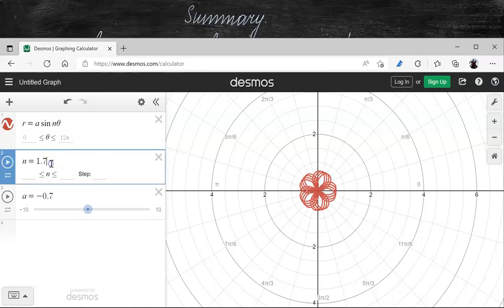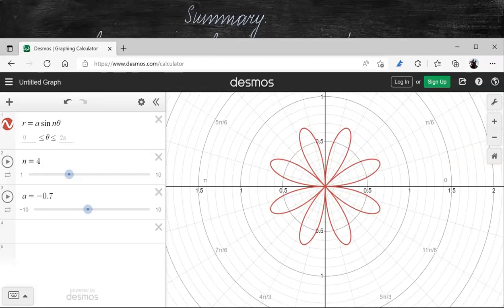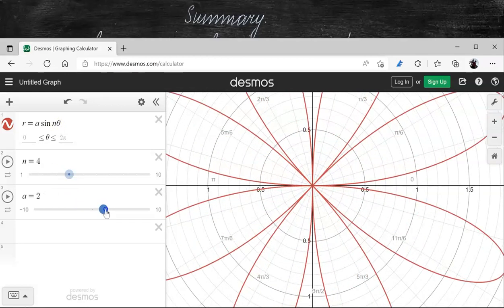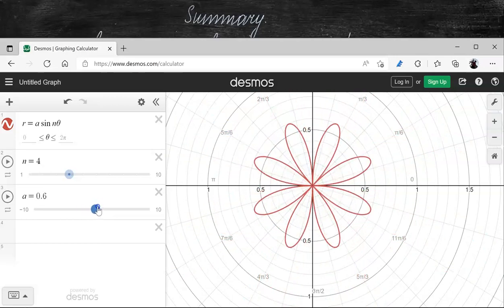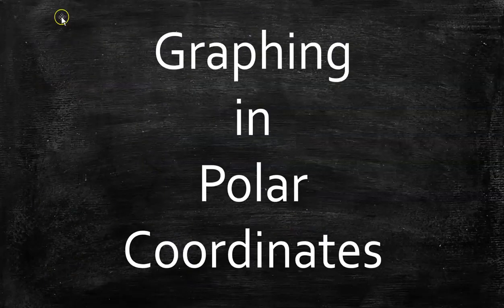But if we just make n integers, and let's start at 1, then you see how for n equals 3 we have 3 petals. For n equals 4 we have 8 petals. And a corresponds to the stretch factor. Alright, so this was the introduction to graphing in polar coordinates.